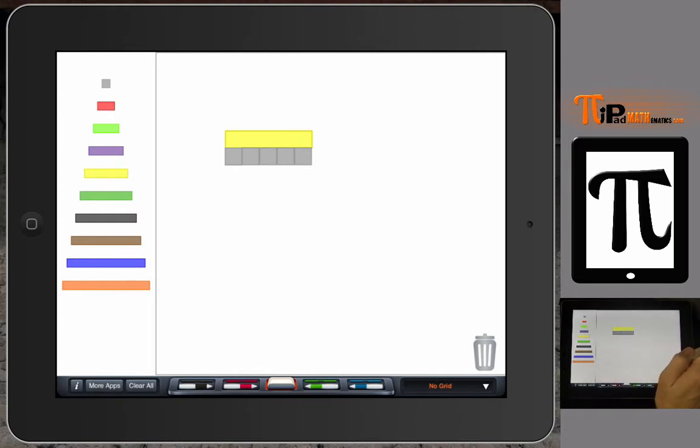Well, there's kind of a yes and a no answer to this. The yes is that if your yellow equals 1, then that's going to equal 5/5. So our 1 can be equal to any fraction where the numerator is equal to the denominator.